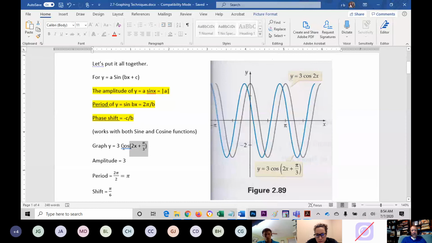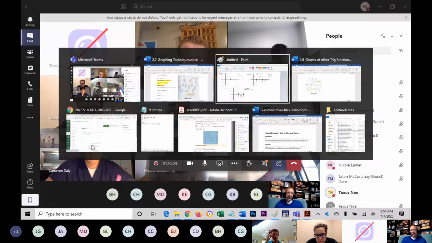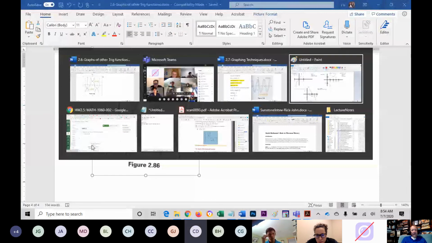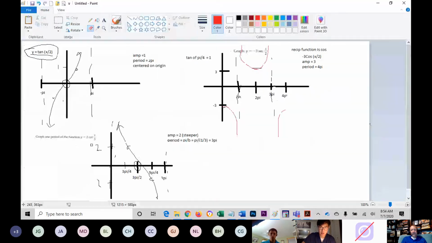So you've seen it, but let's see if we can do this ourselves. I have a question. Did we learn the cosecant function graph, or did I miss that? I didn't talk about it. You've got the secant here, and the cosecant is just the reciprocal of the sine.